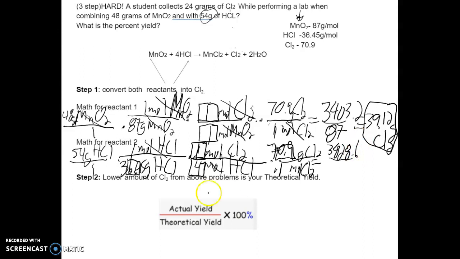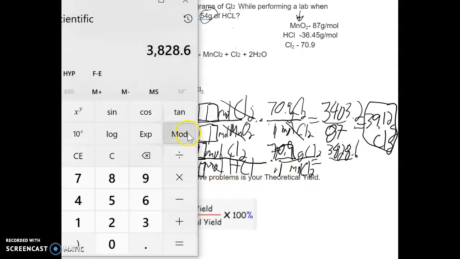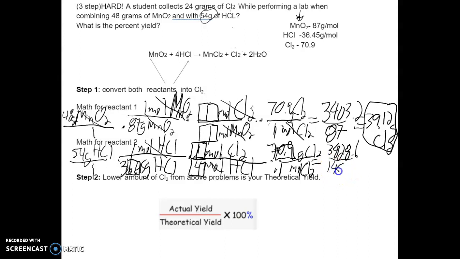My bottom number is going to be 36.45 times 4 times 1. So let me get my bottom number, 36.45 times 4 times 1. It's going to be 145.8.